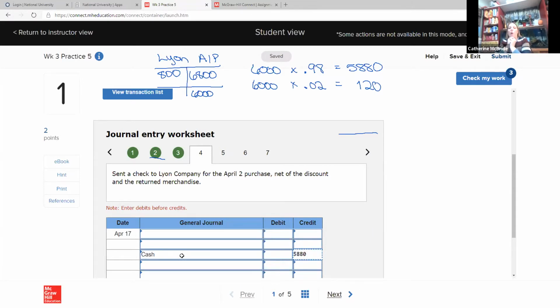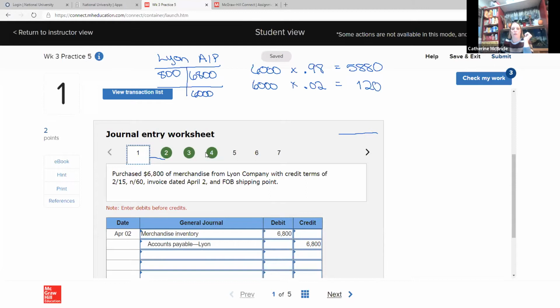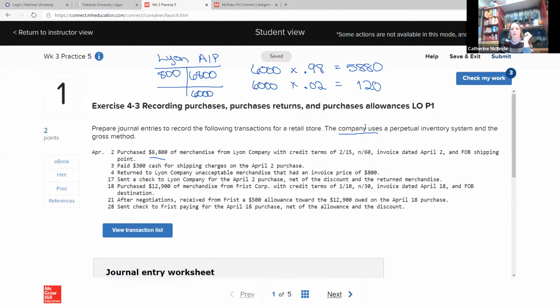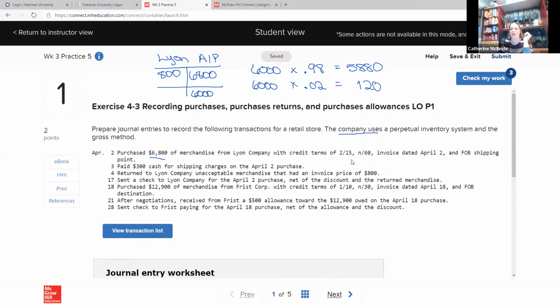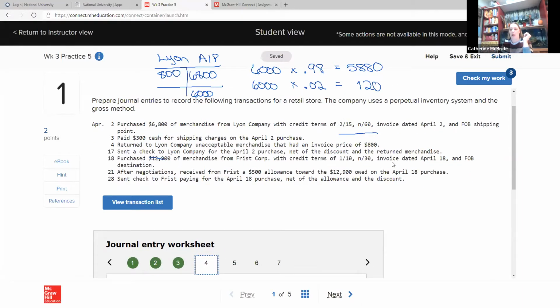Excuse me, Professor, question. Where did you get that 98 and the 0.02? Because they get a 2% discount if paid within 15 days. Sorry, everything's net 60. So we get to take a 2% discount because we're paying quickly.